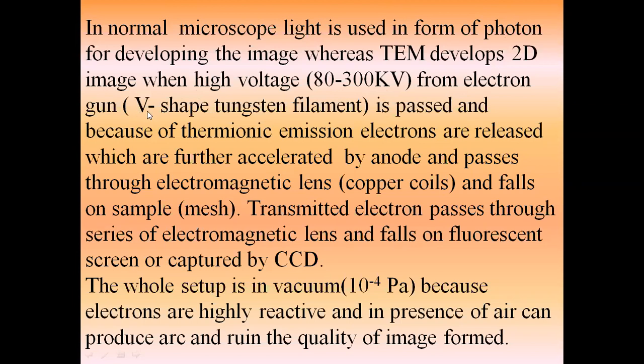I told you about the shape of the filament, the tungsten filament in the shape of V. Current is passed, and because of thermionic emission, electrons are released, which are further accelerated by the anode and pass through electromagnetic lenses, in the form of copper coils, and fall on the sample.